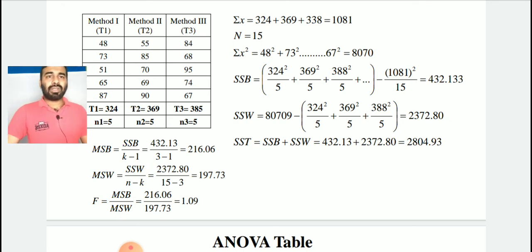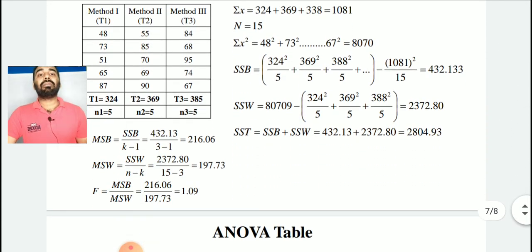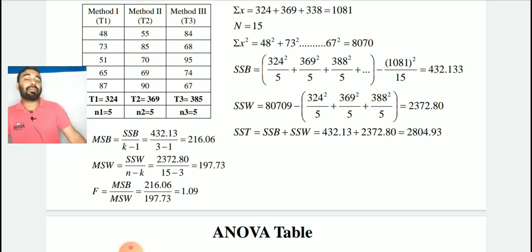Coming to the mean square variance between the samples and mean square within the samples. Now we are going to MSB and MSW. Earlier we discussed SSB and SSW, the between-sample sum of squares and within-sample sum of squares.